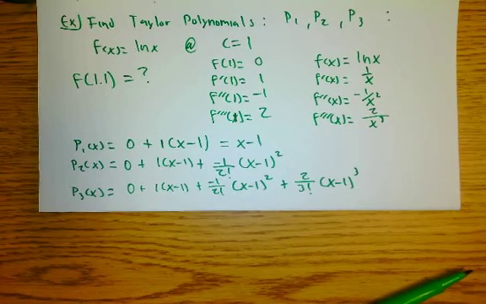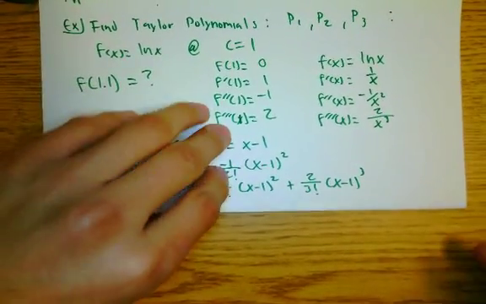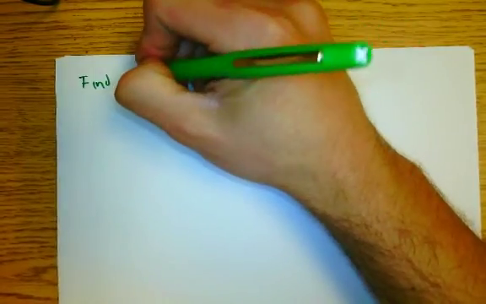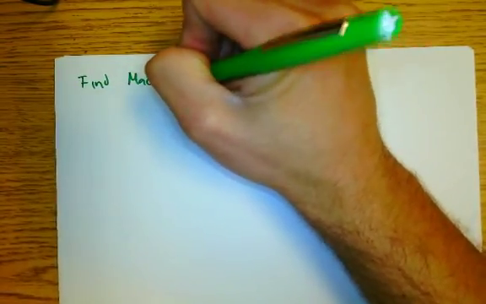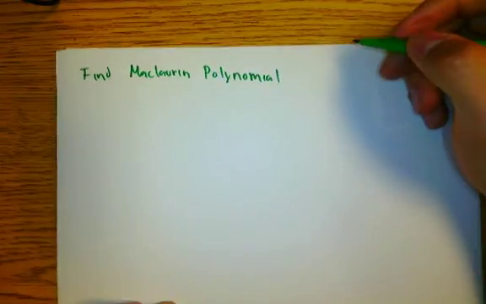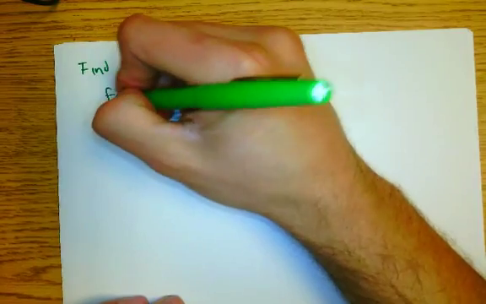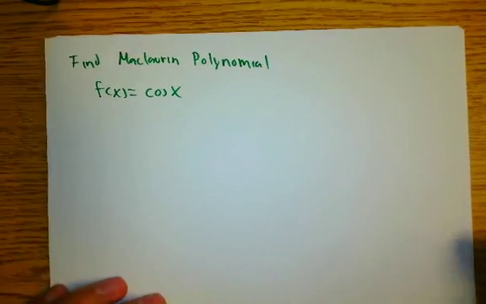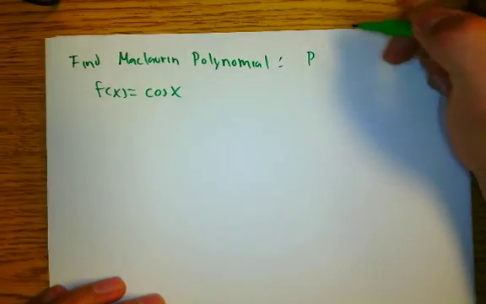Okay? Alright, so let's try another one. Find a Maclaurin polynomial of f of x equals cosine of x, and let's do a 4th degree and a 6th degree Maclaurin polynomial.